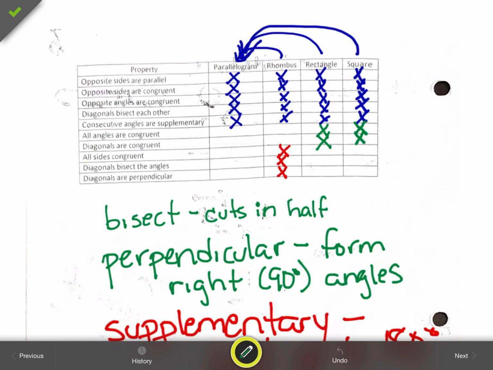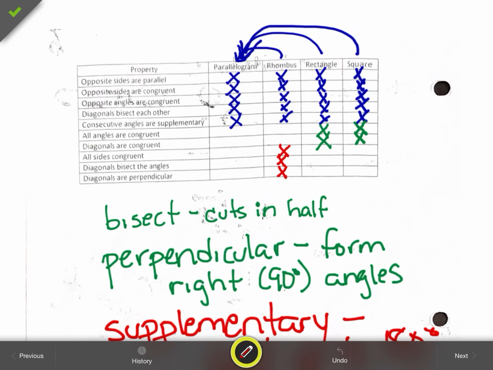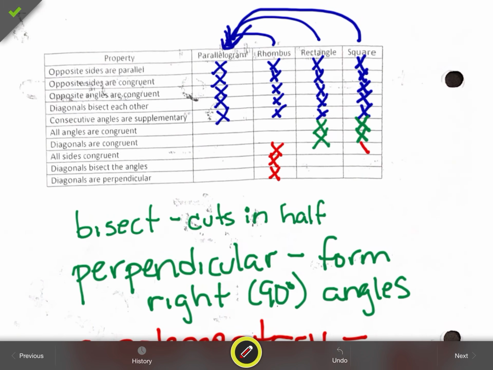Okay, when you draw those diagonals in, they are going to be the same length. We also realize with our square is all our sides are congruent, just like the rhombus. It also means the diagonals are going to bisect the angles like it does in the rhombus, and it also means that the diagonals are going to be perpendicular like a rhombus.